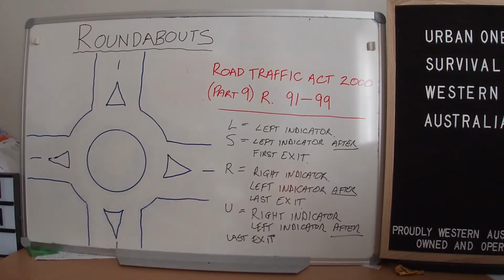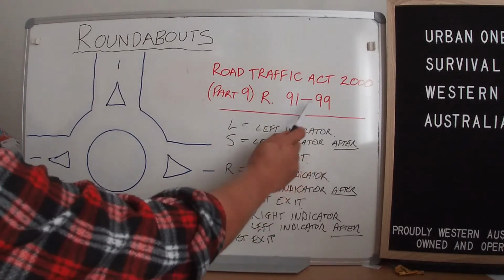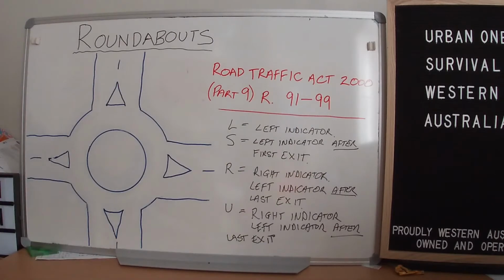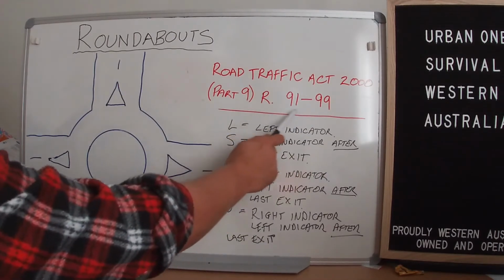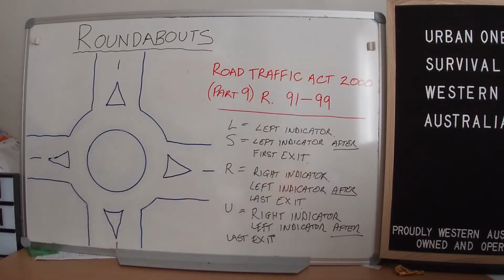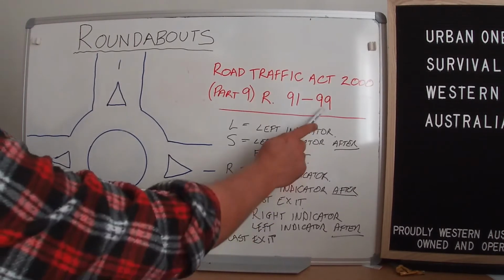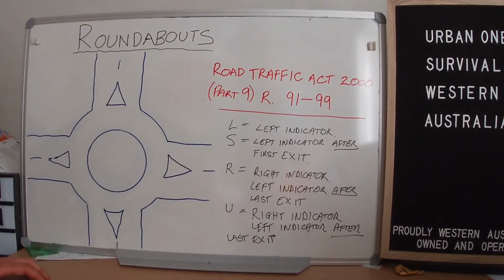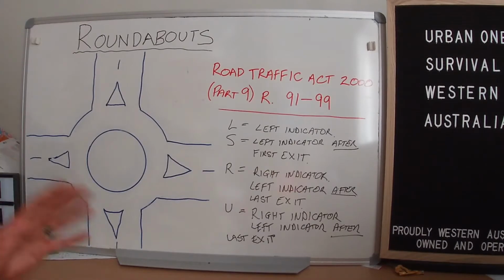And again, as I said, all parts of your indicating process appear in your Road Traffic Act of 2000, regulation 91 through to 99. Failing to indicate left when you're exiting a roundabout is an offence under regulation 99 of the Road Traffic Act. So please bear that in mind.